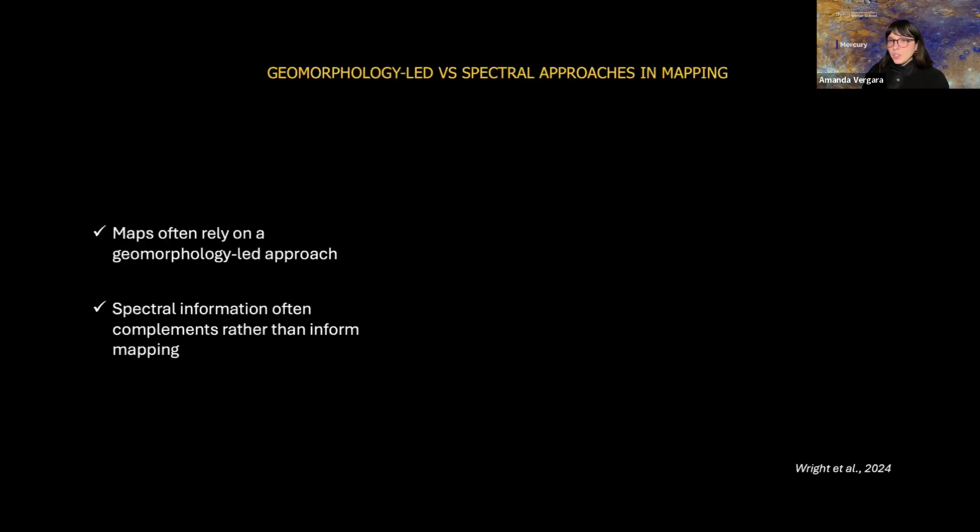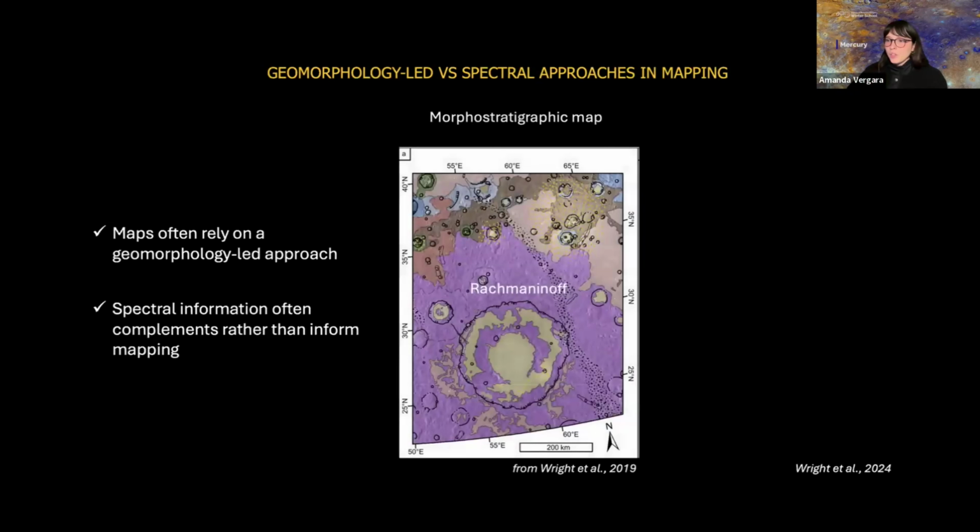Another issue related to the generation of these maps is the way in which we build them. It is almost always based on a geomorphology approach, and the spectral information is just used, for instance, to help us refine the limits between the different units, for instance for the hollows or other surface features. Here you can see an example.